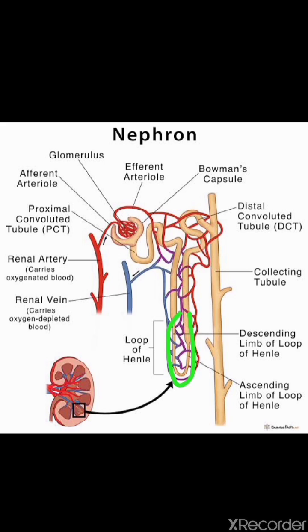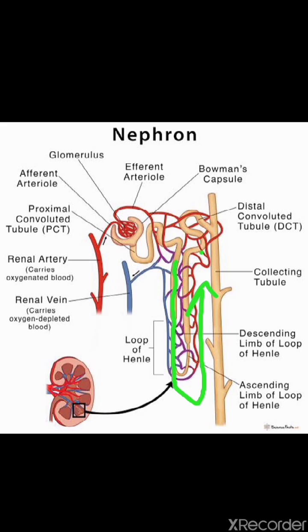Loop of Henle is in the form of a U-shaped loop, and continuing from PCT, it descends down from cortex into medulla region and again returns back after forming a loop.